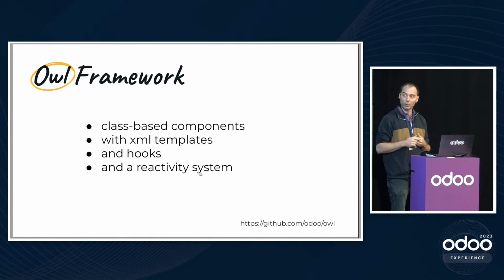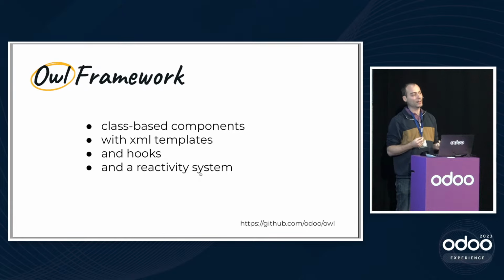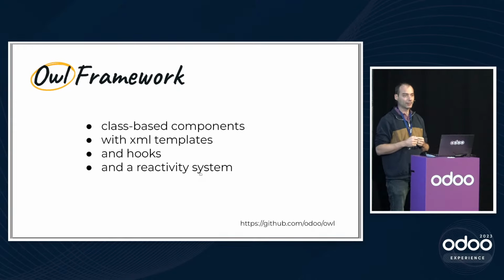Yesterday, Sam made a talk on that topic, so you can look at his talk if you are interested. OWL uses XML documents as templates, and that's also kind of specific to Odoo, that we really enjoy working with XML documents, so we can modify them and store them in the database if needed.